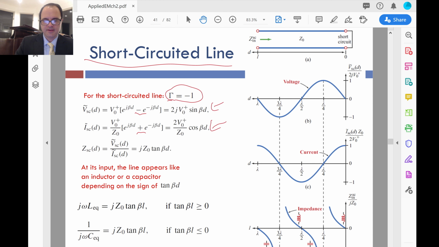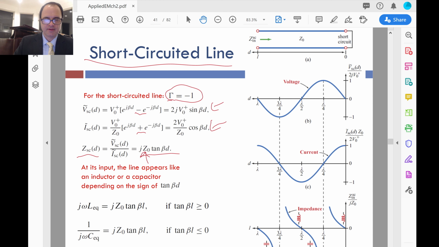And so the wave impedance of this short-circuited line at any position d along the line is given by j Z naught tangent beta d. That's very interesting, because it's only an imaginary number if it's a lossless line, Z naught.